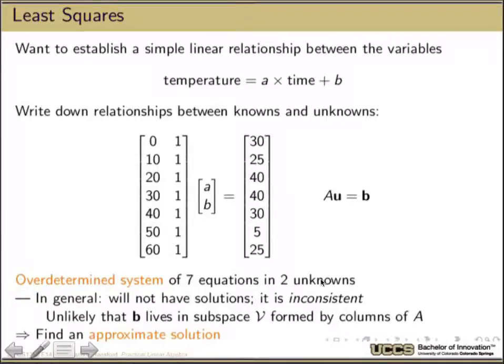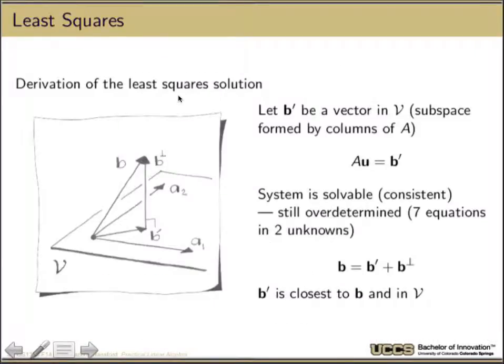I can ask what's the best solution in terms of mean square error, and it turns out that's the same as least squares, which is what we're going to look at. We're going to look at it in a more geometric context. If I have a solution that does exist, so I have two column vectors, A1 and A2, and again, they can be in more dimensions, but we're just going to do them in 2D, then if I'm going to write something as a linear combination, I have to represent it in this plane.